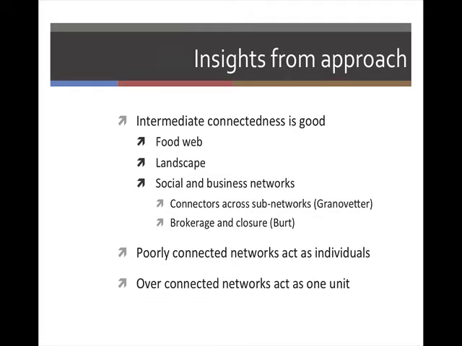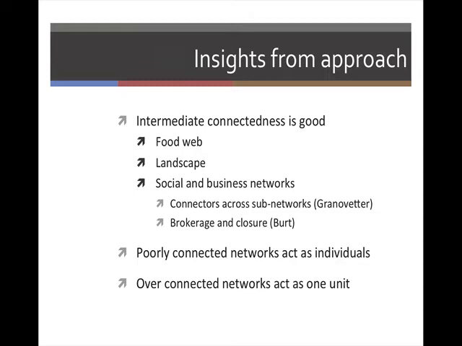Okay, now the insights from this approach, using a network to look at these problems. One is that intermediate connectedness is good. We saw that with food webs, that everything isn't connected to everything else, and so there's some compensatory response that is distributed out through the network. On the landscape, we saw the intermediate disturbance hypothesis in this mosaic.